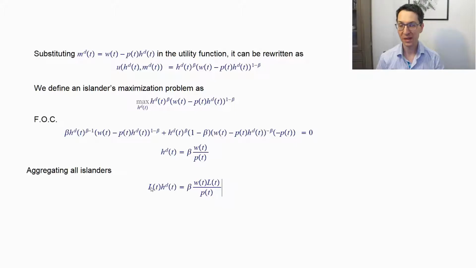So it means that the harvest consumed by all islanders is simply the total harvest consumed on the island. So it's going to be capital H^D_t, which equals the same amount as before. So that's it. We're almost done. The last step will be to describe the total equilibrium on the island.